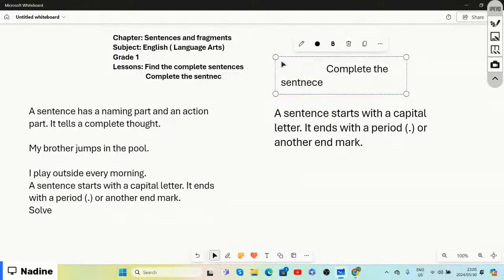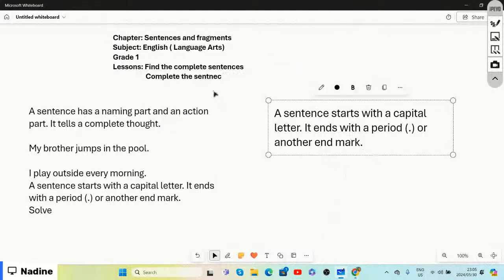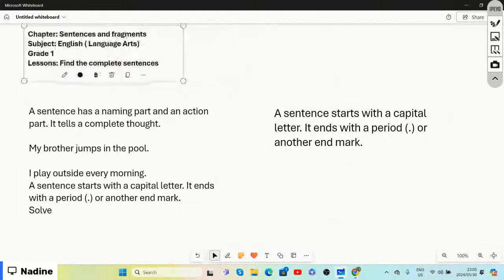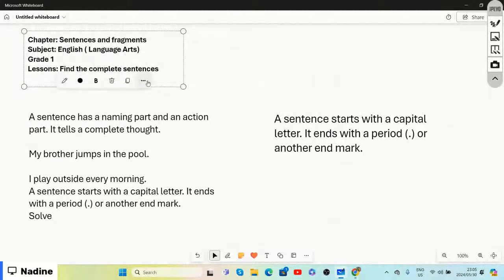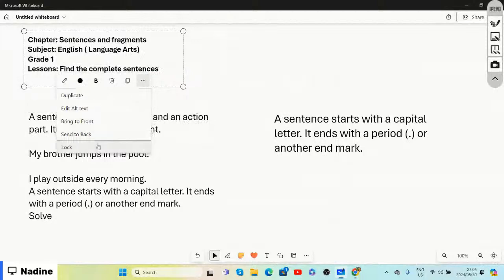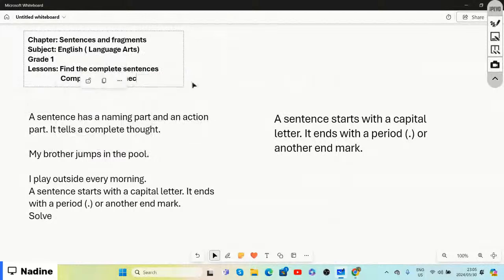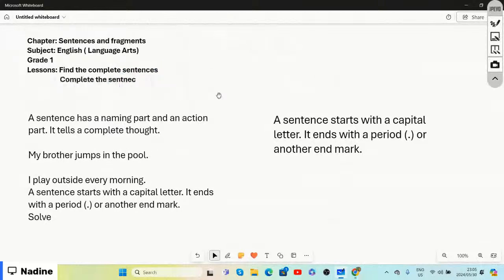All right. Here we go. All right, I can't seem to correct that word now.